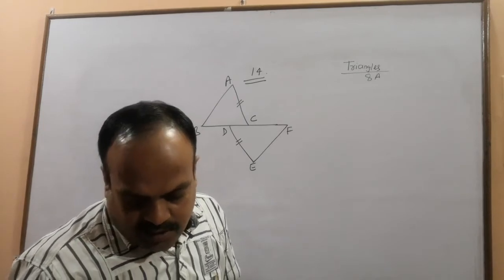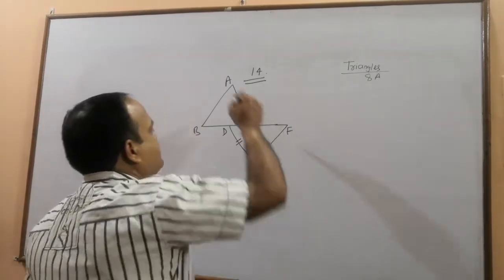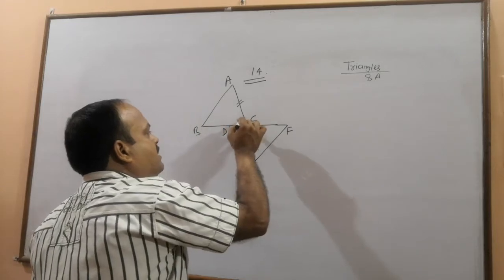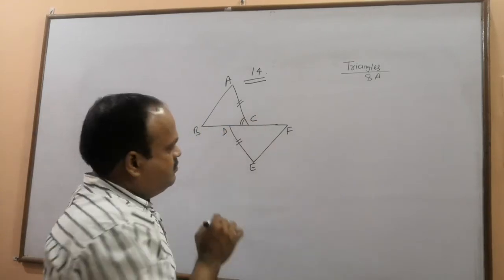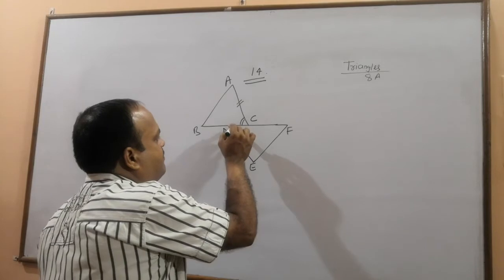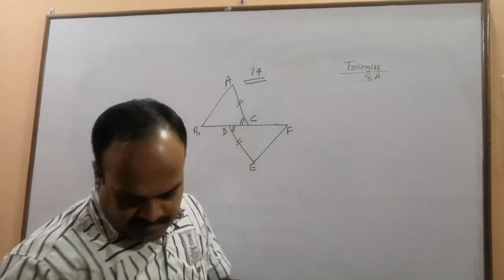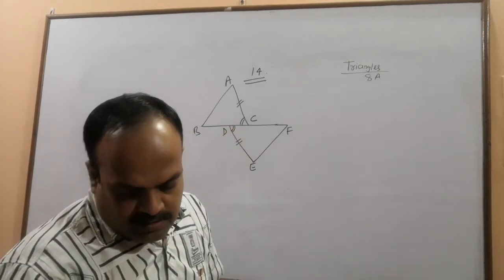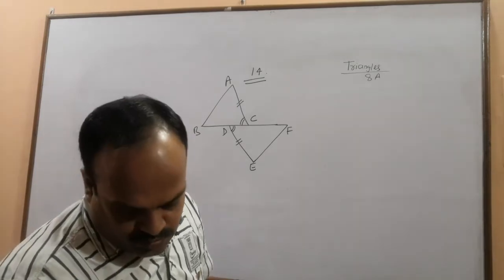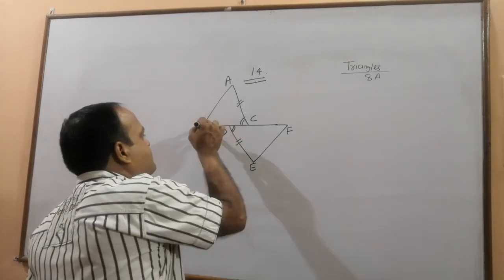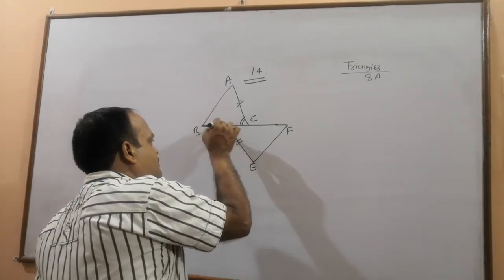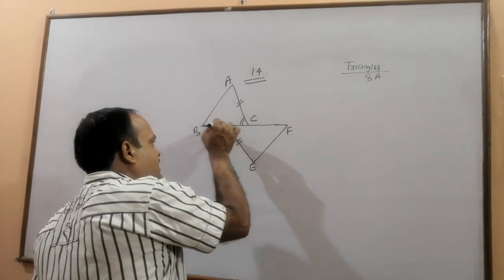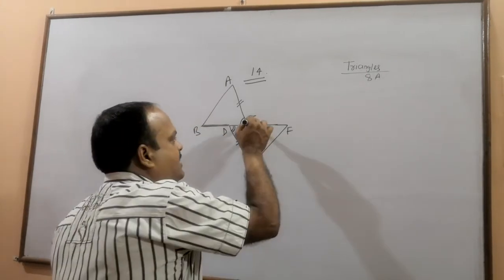Angle ACB equals to angle EDF. Third, BD equals to CF.